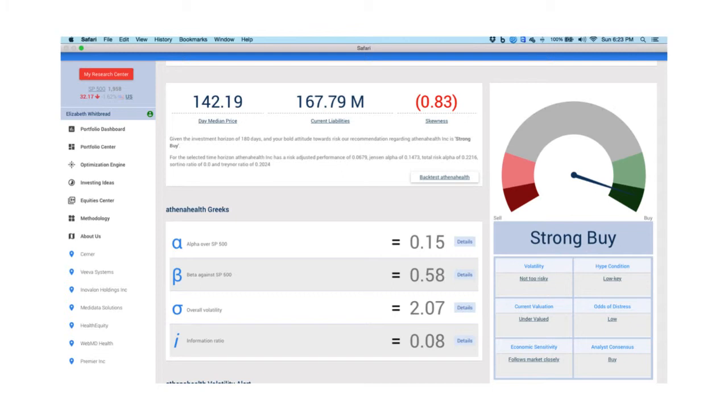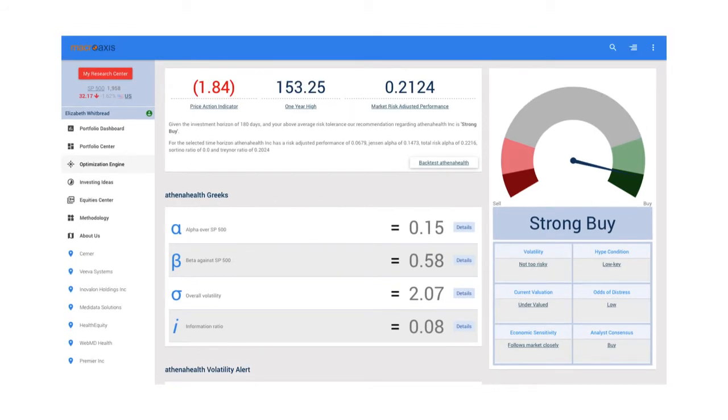So here I applied a 6-month investment horizon and an aggressive risk taker, 80 out of 100. And as you see here, the model gives you a strong buy recommendation.